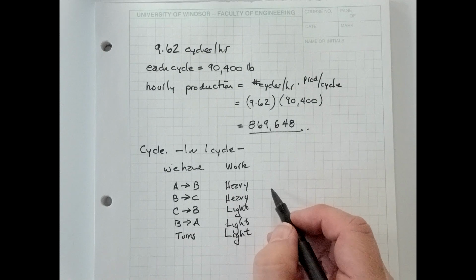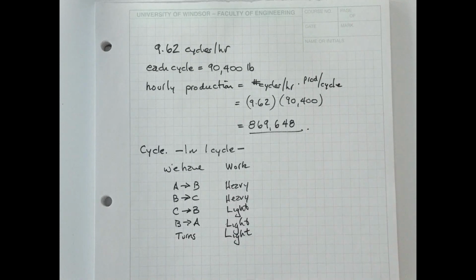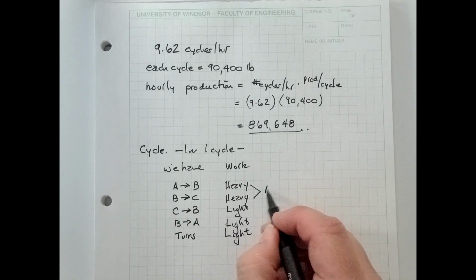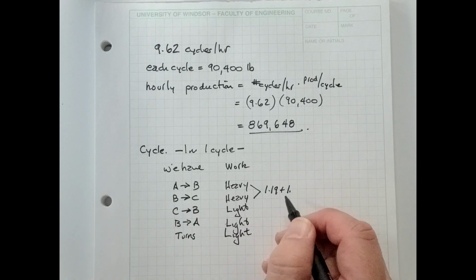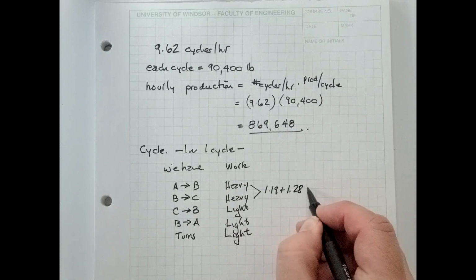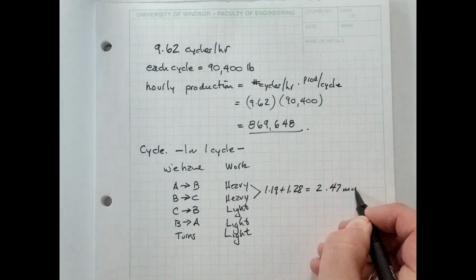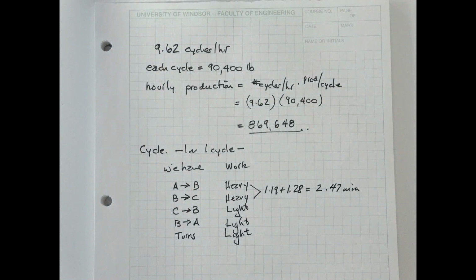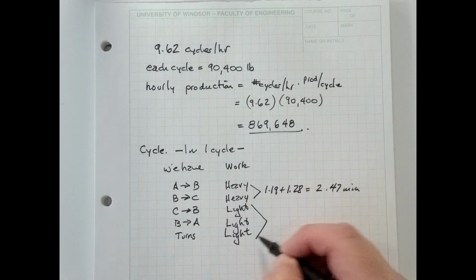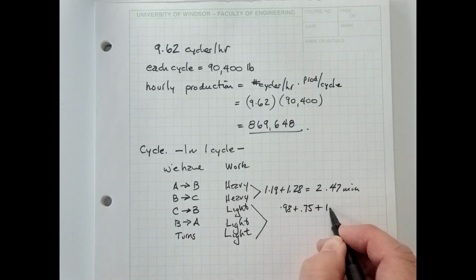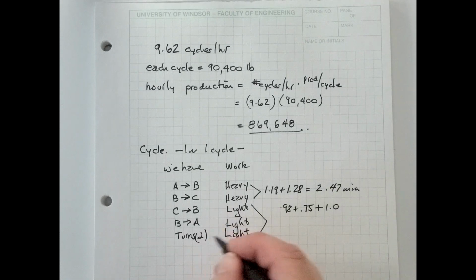And so we can look at the amount of time we had in here. The amount of time we had in here was specifically heavy. We had 1.19 plus 1.28, which is equal to 2.47 minutes at the heavy operation. We also have 3 lights, 0.98 plus 0.75 plus 1.0, because there's 2 turns, right?